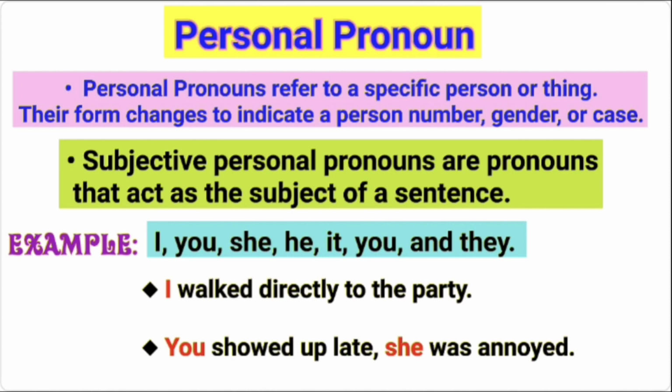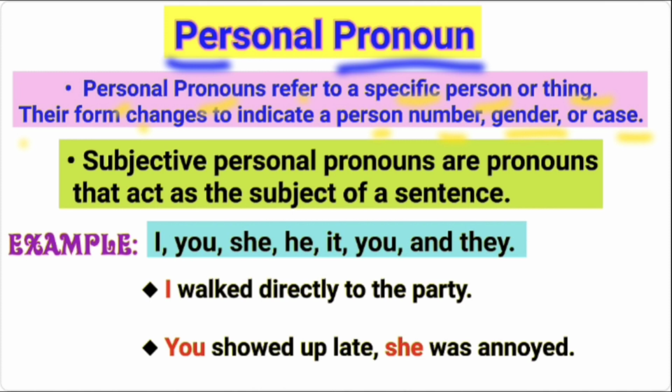Students, our first pronoun is personal pronoun, and this is the definition. Personal pronouns refer to a specific person or things. They change form to indicate person, number, gender or case.